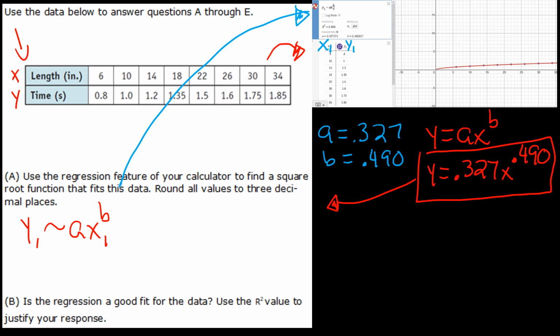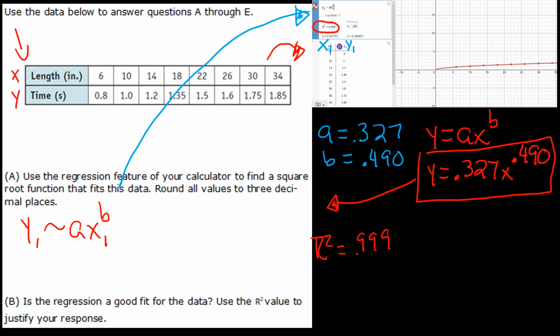For the second part, for part B, it says, is the regression a good fit? Well, we need to look at r squared. R squared is up here under statistics. So we see that r squared is equal to 0.999. So it's asking us, is it a good fit?